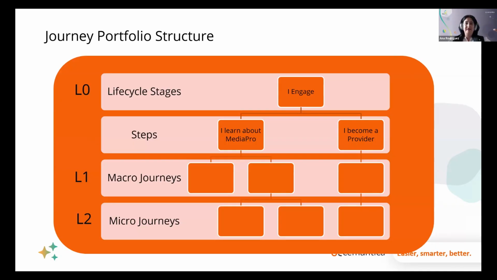Then once you have the life cycle, you start mapping the steps, what the customer is doing in every step of the journey. This framework will help you to start ideating or uncovering the different macro journeys and micro journeys. Macro journeys are also called level 1 and micro journeys level 2. Okay, just for you to be familiar if you start reading or researching about this topic. Let me focus now on macro journeys and micro journeys.